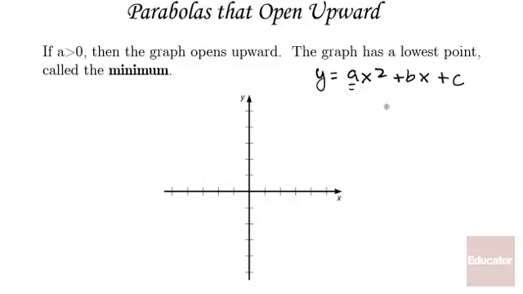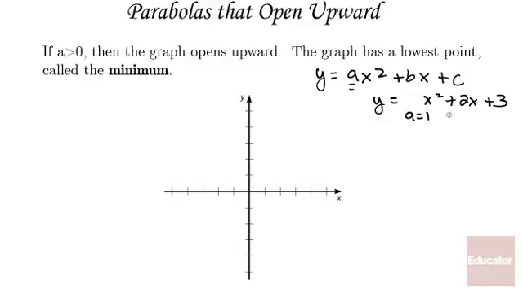For example, let's look at the quadratic function y equals x squared, just x squared to keep it simple, plus 2x plus 3. So I'm going to go ahead and graph this by choosing points. I'm going to first note that a equals 1.